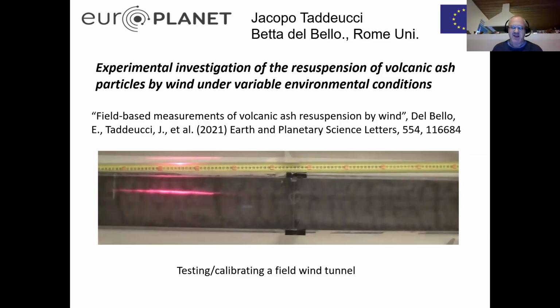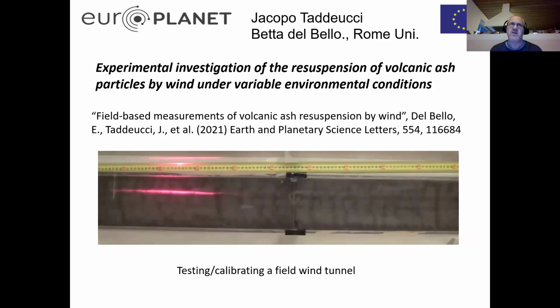And what they did with this field wind tunnel was they would take it out close to an active volcano and do measurements on very newly deposited volcanic ash.